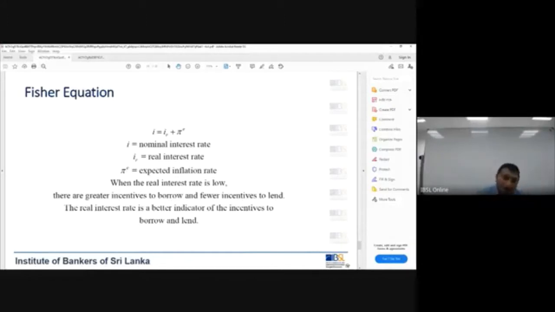Okay, so the real interest rate is a better indicator of incentives to borrow and lend. When the real interest rate is slightly higher than its historical trend, there is more incentive to lend. When the real interest rate is slightly lower than the historical trend, there is more incentive to borrow. When it is higher, more incentive to lend.